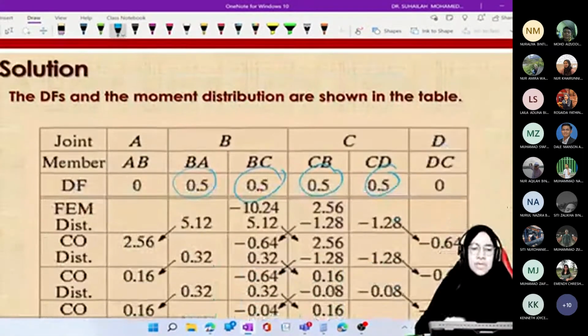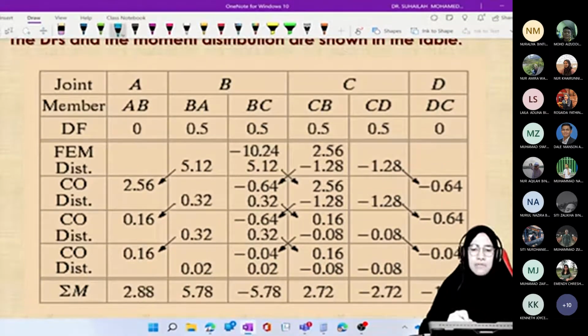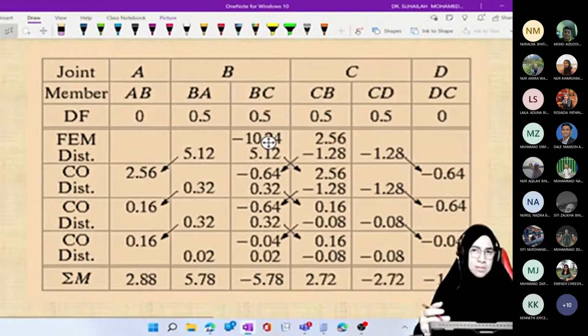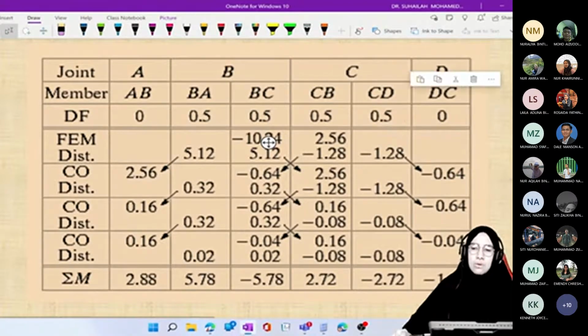So it is 0, 0.5, 0.5, 0.5, 0. And we put negative 10.24 here and 2.56 as the first member end moment in the table, and we just start the moment distribution. This is the same as a beam, no difference at all.